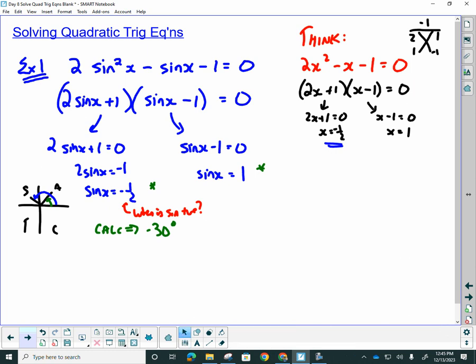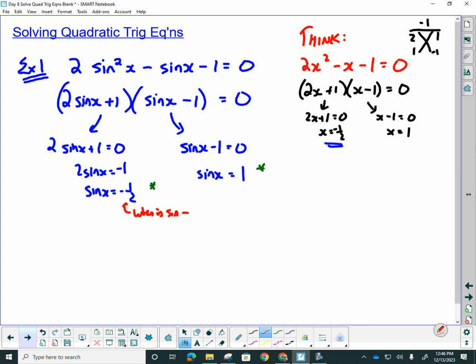I've made a mistake. My apologies. Maybe you were yelling at the screen, which is good if you were. Because I said when is sine positive, but it's clearly negative right there. So when is sine negative?